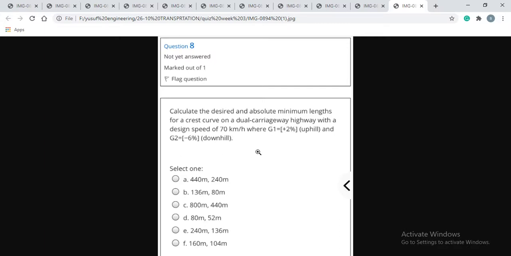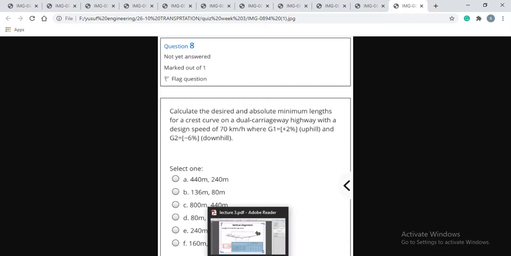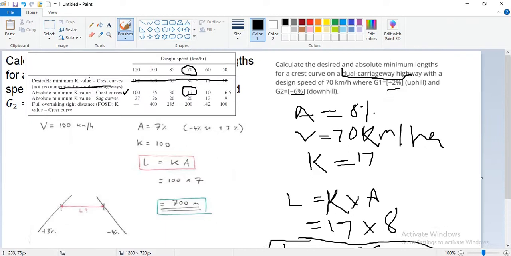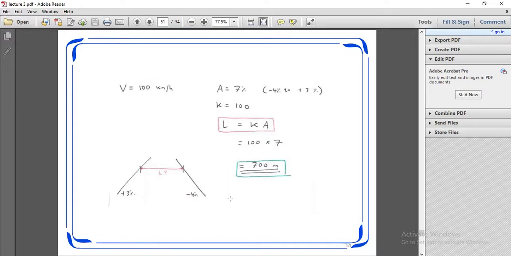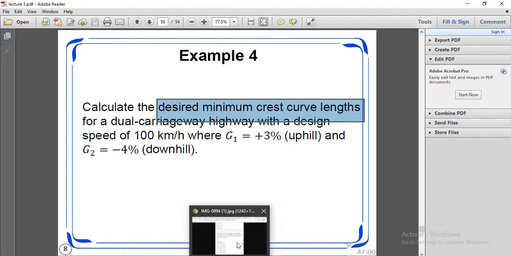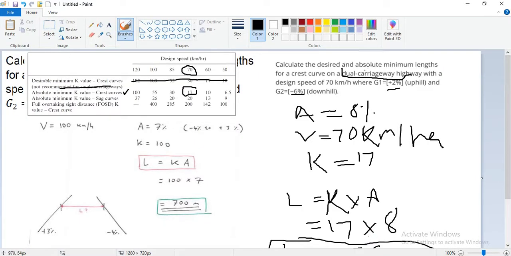So the correct option will be 136. This one, desired and absolute minimum length. In this question we have just got the desired minimum crest curve length.